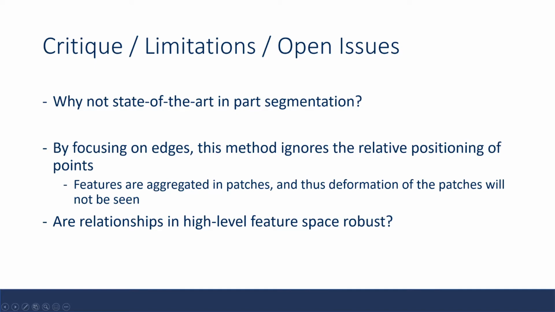And so we can also look at this from a different angle, and we can say that we're also ignoring the deformations of local patches. And we also don't know exactly if the relationships in high-level feature spaces is robust or not. And this hasn't been answered accurately.